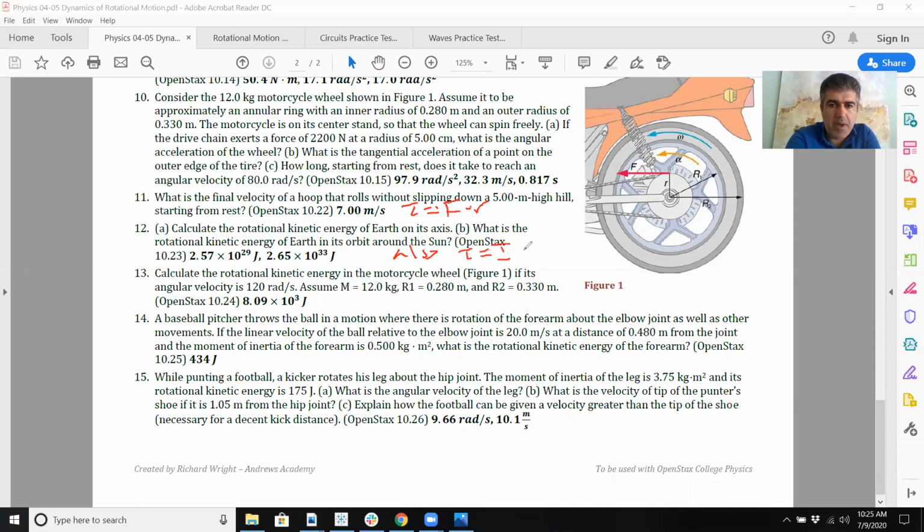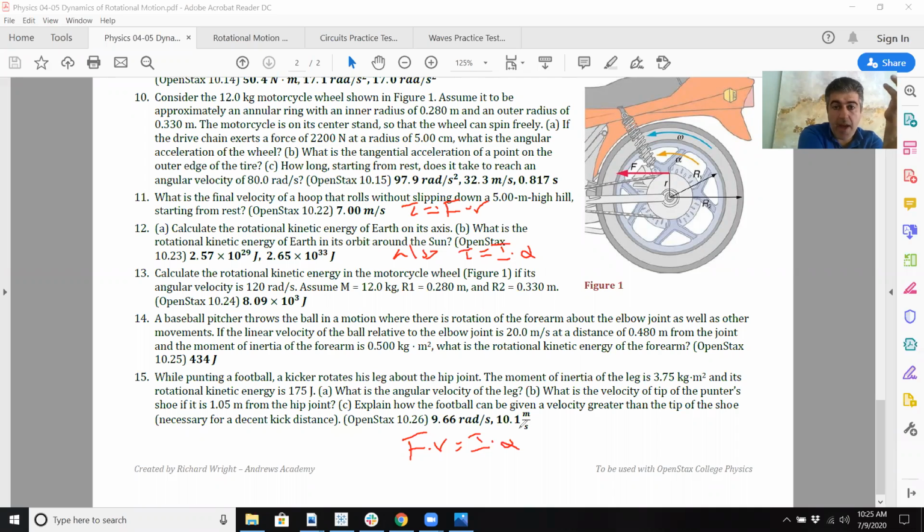We know that as well. So we can set them equal to each other. F times R is I times alpha. I think that's probably where some of you might be getting stuck, just realizing you need to do that. So I know my force. Radius, I'll switch that to meters, so it'll be 0.05 meters. Alpha, obviously, I want to solve.